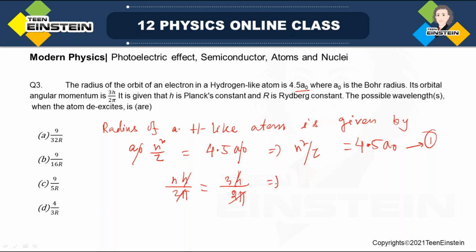So n becomes 3. That means the electron is in the third orbit of the respective atom.